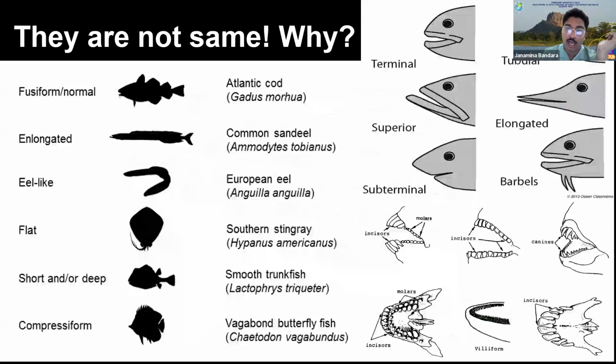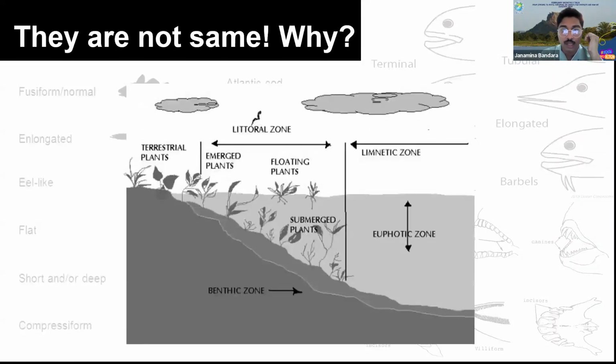They usually have a terminal mouth, so they can easily get food particles in front of their head region. Likewise, each of these body shapes like fusiform, anguilliform, the mouth parts, and their teeth really equip them for their ecosystem, and it is really important for the functioning of these fishes.